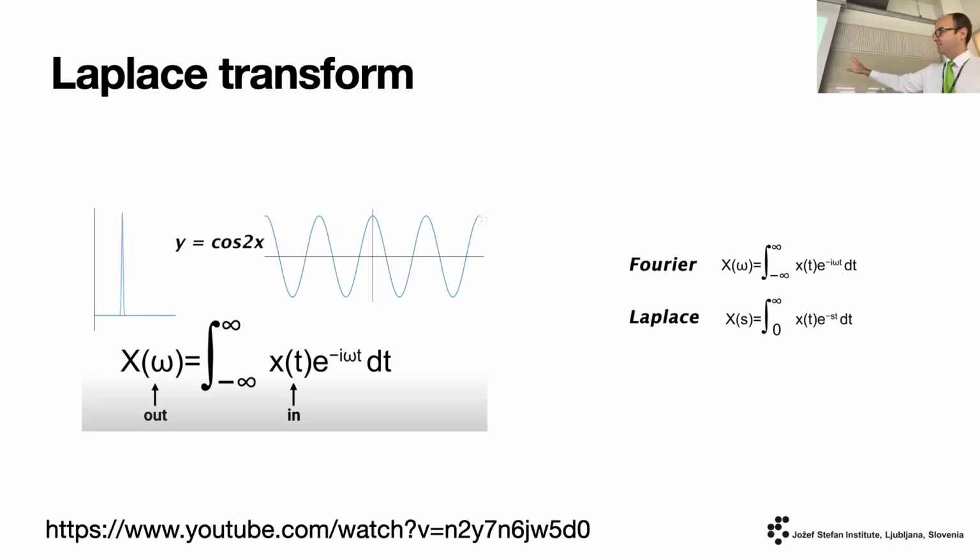On the right-hand side, we have 2 relations. The top one is the Fourier transform, and the bottom one is the Laplace transform. At first glance, the integrals are identical. The only change is that here we have integration from 0, because as engineers, we think that the system starts at time 0. Before that, nothing happened, so it was 0. The other change is that instead of j omega, we have s. This is not just a simple change of notation. It is much more profound.